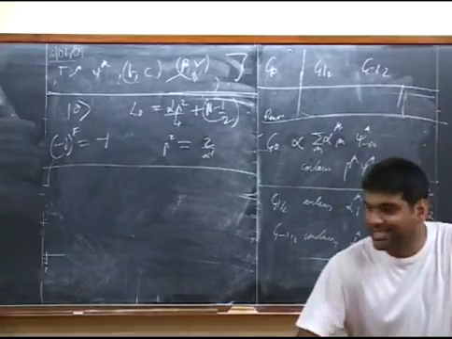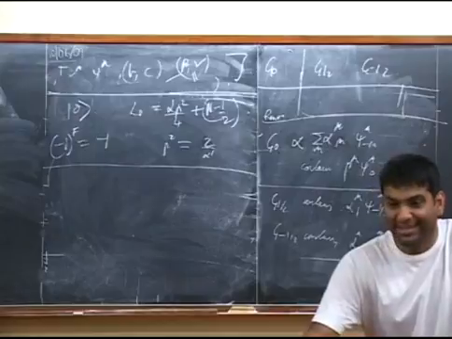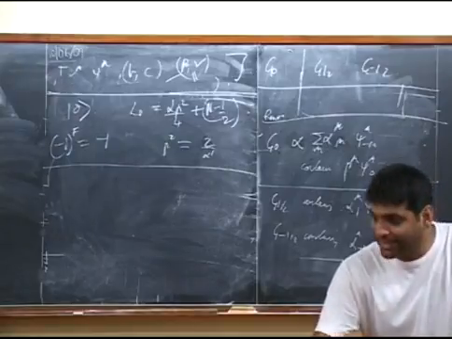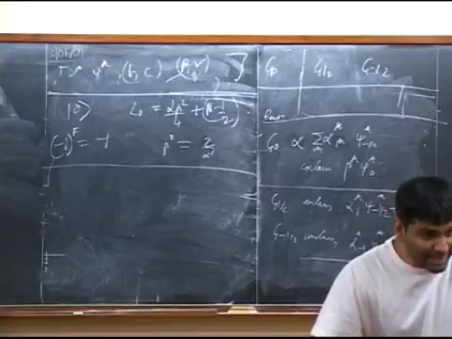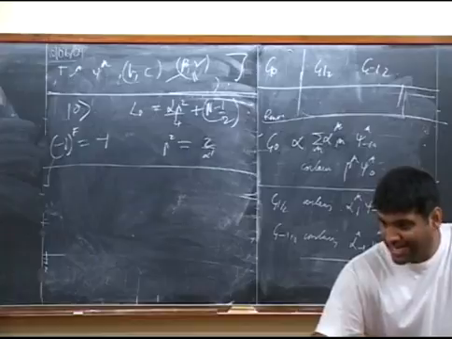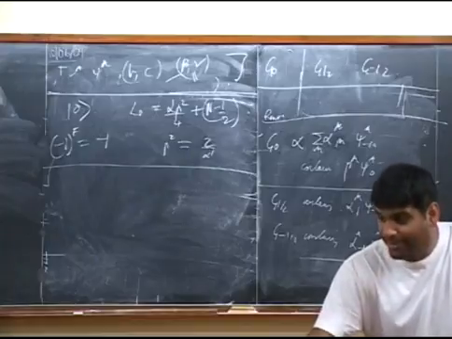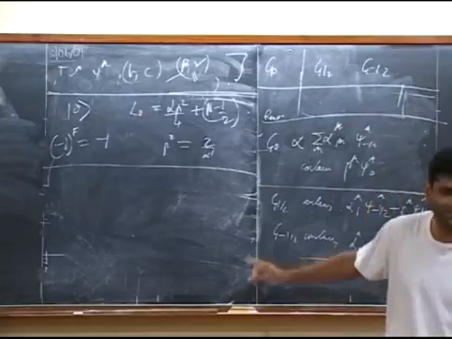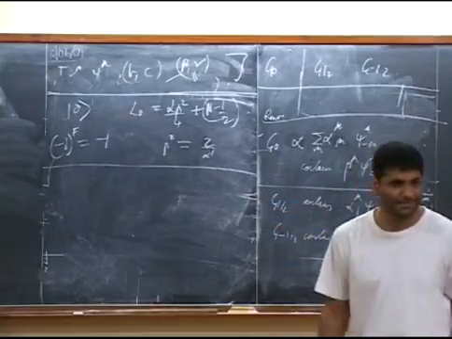So for consistency, the state corresponding to the identity operator has fermion number 0. That doesn't mean that the vacuum has fermion number 0. In particular, we just deduced the vacuum has fermion number minus 1.